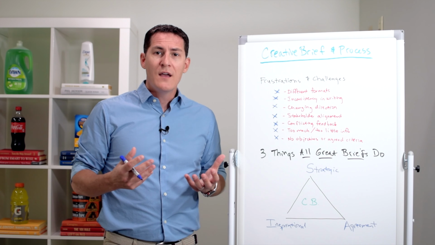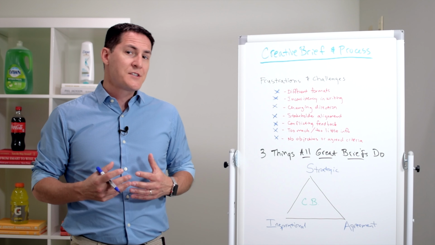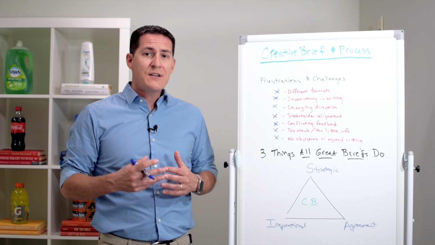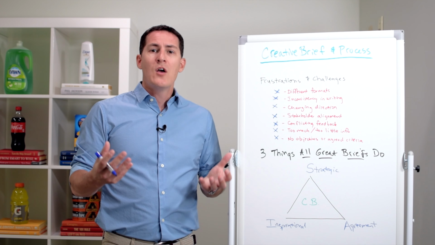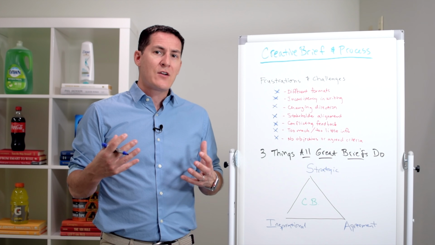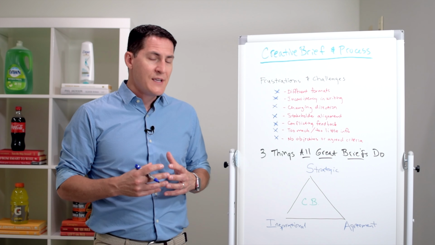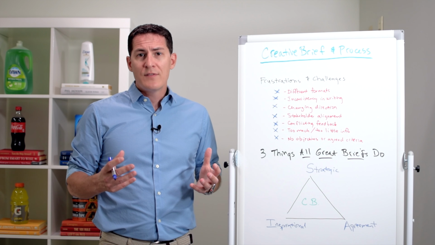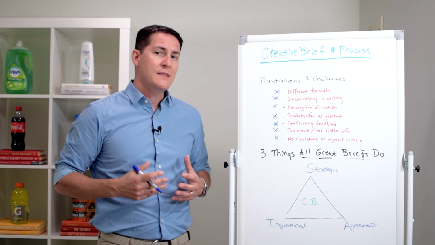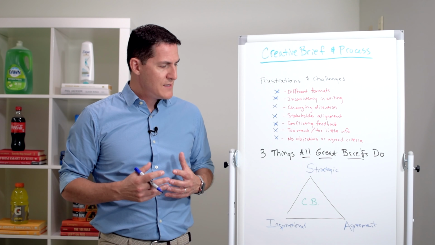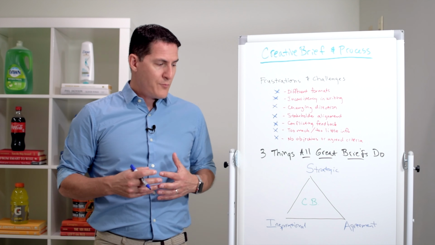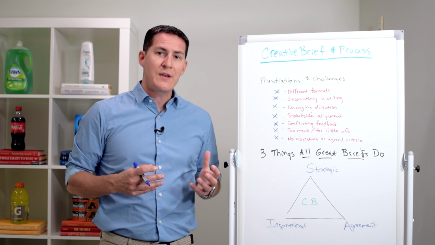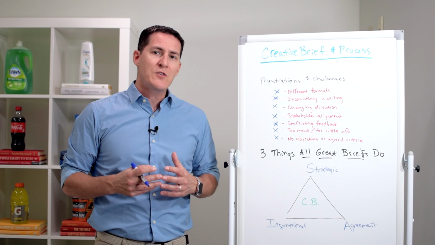Everyone must agree on what the strategic direction is, what our inspirational starting point is, and what the criteria are, or how we're going to judge work when it comes back. And having that agreement aligned to by all parties is very, very important. There is no great creative brief that doesn't do these 3 very important things. So every great creative brief is going to be a strategic, inspirational agreement. That's something to keep in mind when you're writing these.